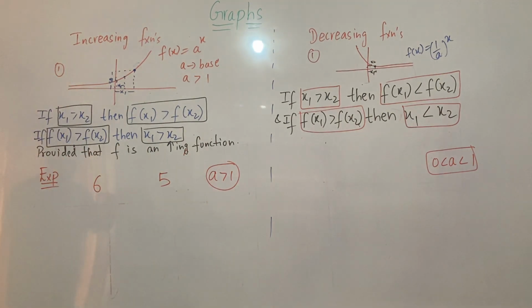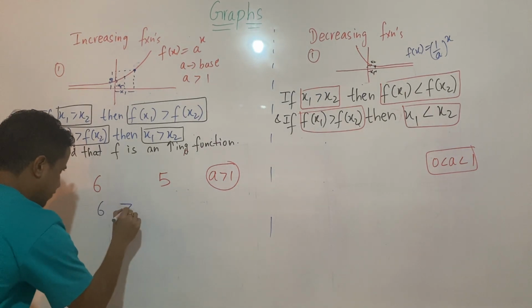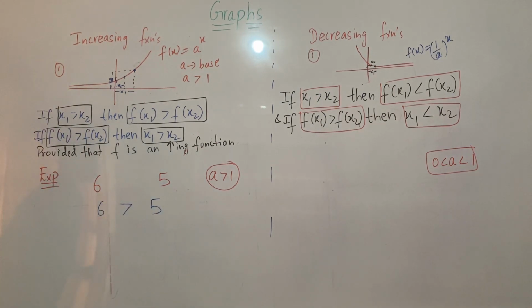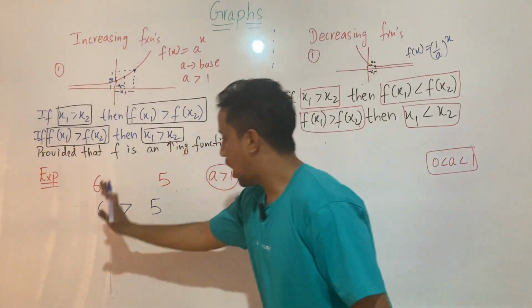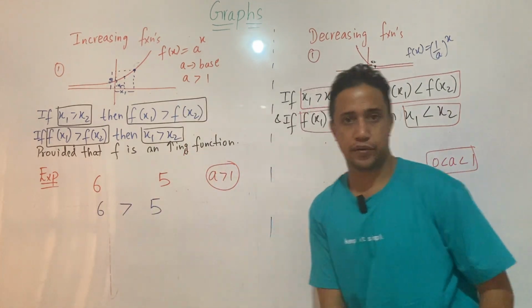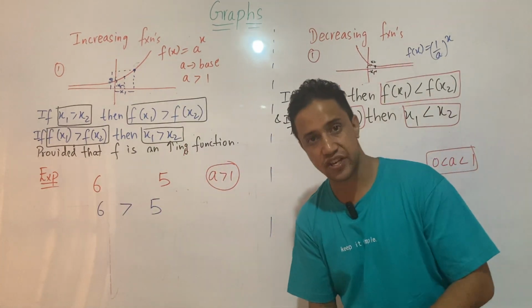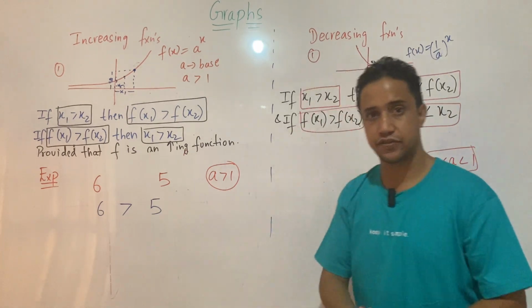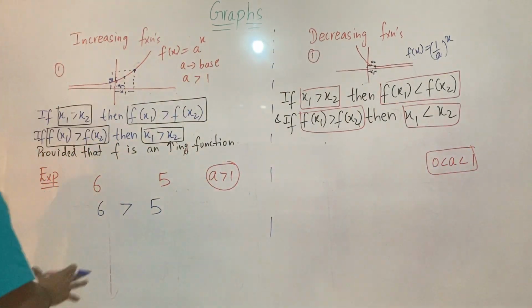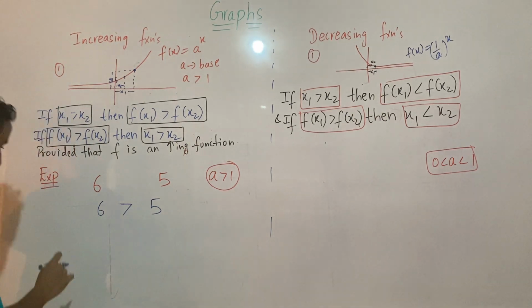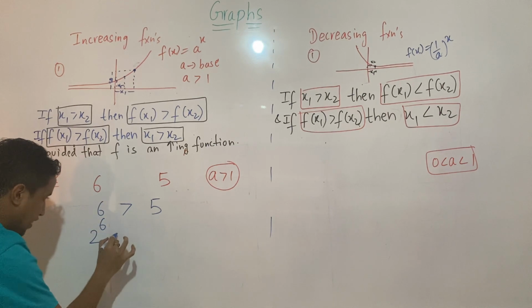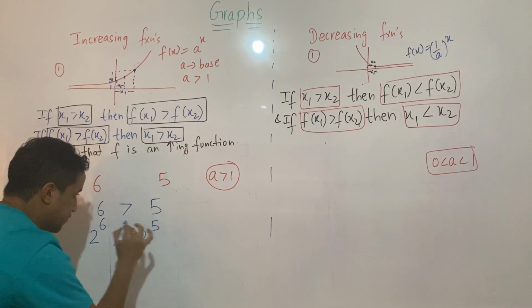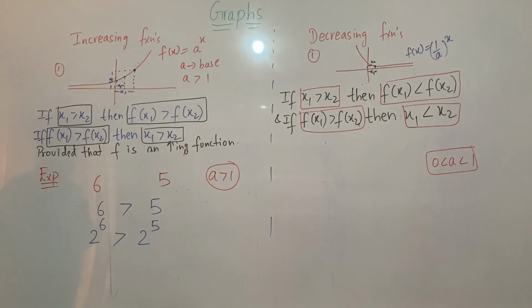Now see here, can I say 6 is greater than 5? It's obvious. Everyone knows that 6 is greater than 5, because this number has more value than this number. That's how math is defined. And here, if I say that 2 to the 6 is greater than 2 to the 5, do you agree with me?